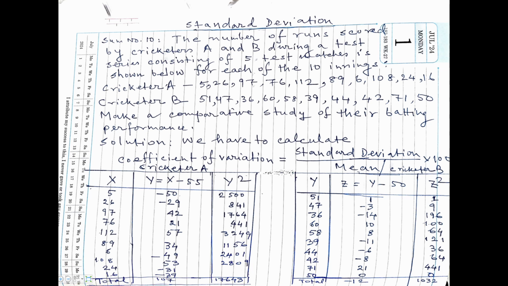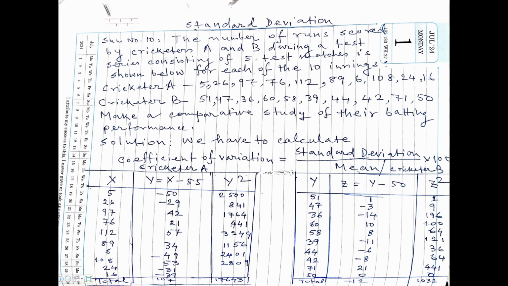When X is equal to 5, Y is equal to X minus 55, that means 5 minus 55 is minus 50, and Y square, that means minus 50 square, is equal to 2500.